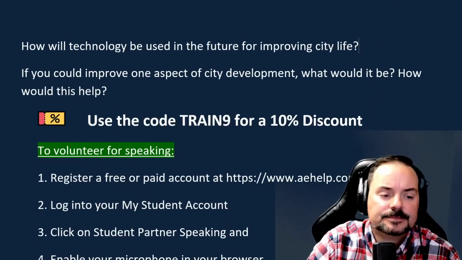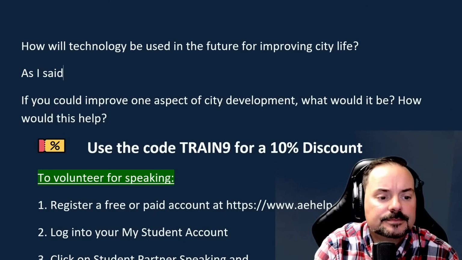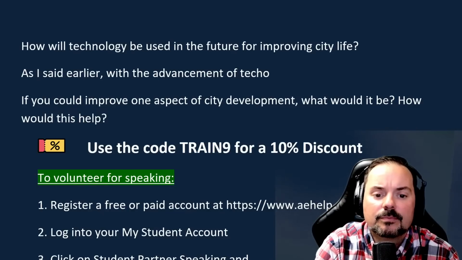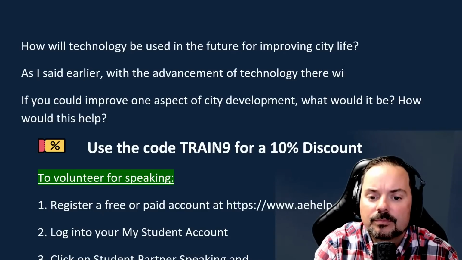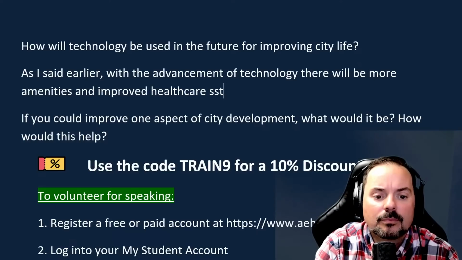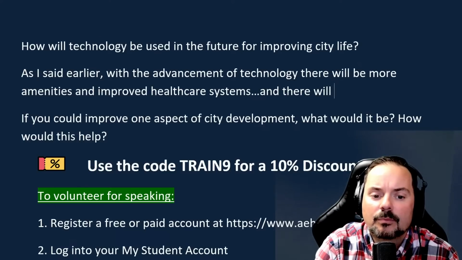As I said earlier, with the advancement of technology, there will be more amenities and improved healthcare systems, as well as educational systems in the cities, and there will be more amenities for the people to enjoy and live their life fully.